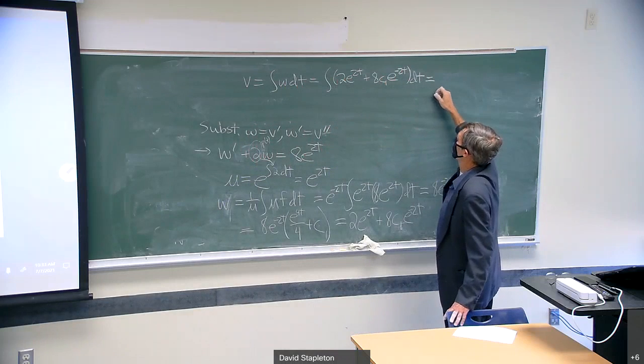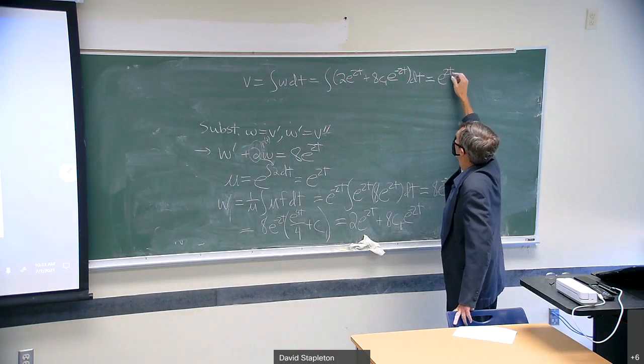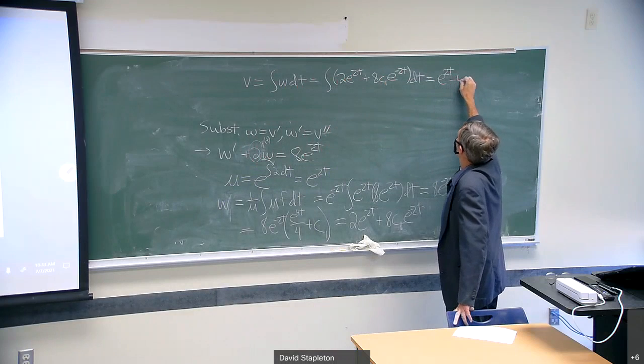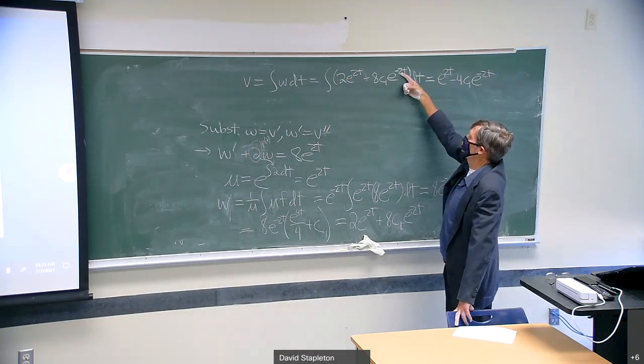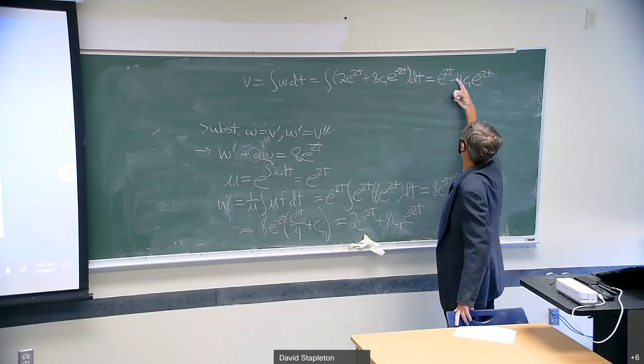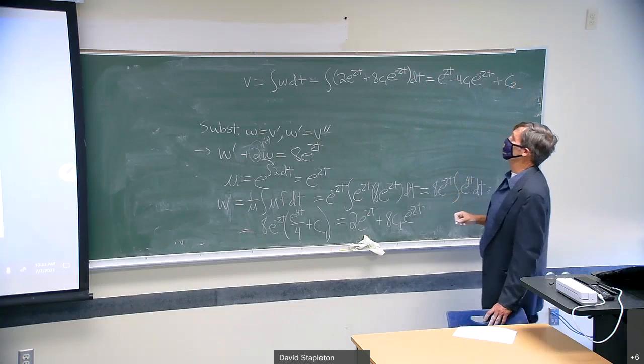If I integrate term by term, I get e to the 2t minus 4c1 e to the minus 2t. The integral of e to the minus 2t is e to the minus 2t over minus 2. I got that. Plus, we need this arbitrary constant to get all solutions.